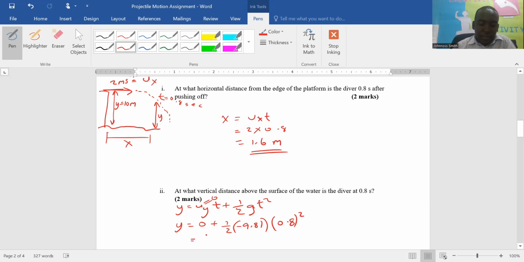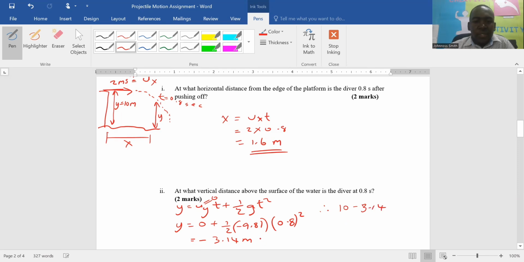So when we do that, you will get negative 3.14 meters. The negative tells us that we're going down, right? So it's a downward displacement. So therefore, the final answer would be that it's 10 minus 3.14.